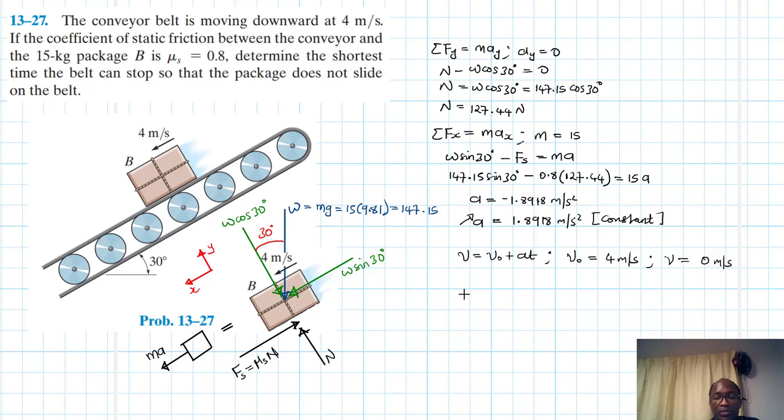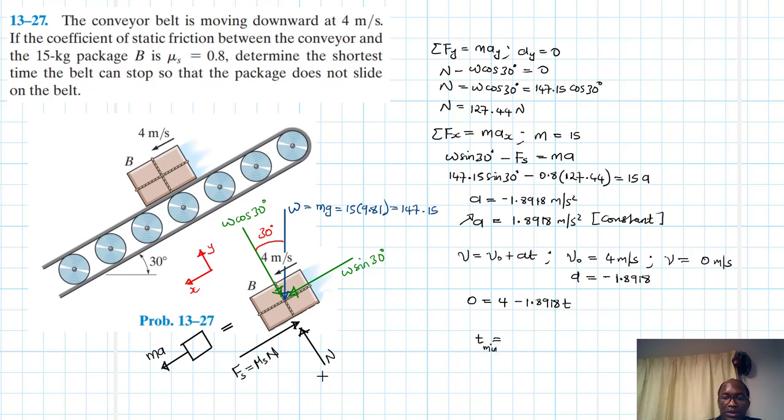We want it to go to 0. And we have our acceleration, which we calculated already, is minus 1.8918, because it's in the opposite direction. So we have 0 equal to 4 minus 1.8918 times t.